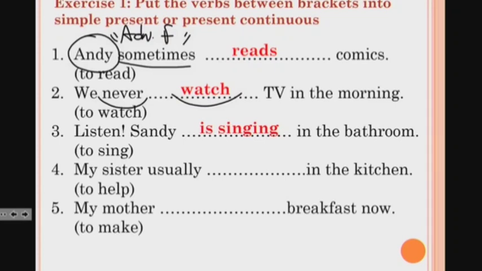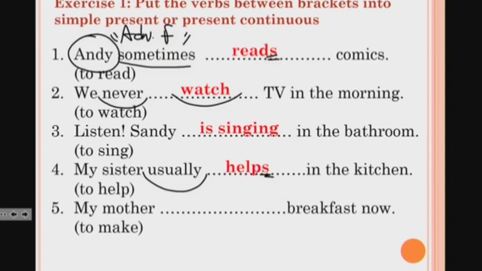Four, my sister usually, also an adverb of frequency, usually helps in the kitchen. And please pay attention, I have the S in here because it's a she. My sister helps. The last one, we have the verb to make.